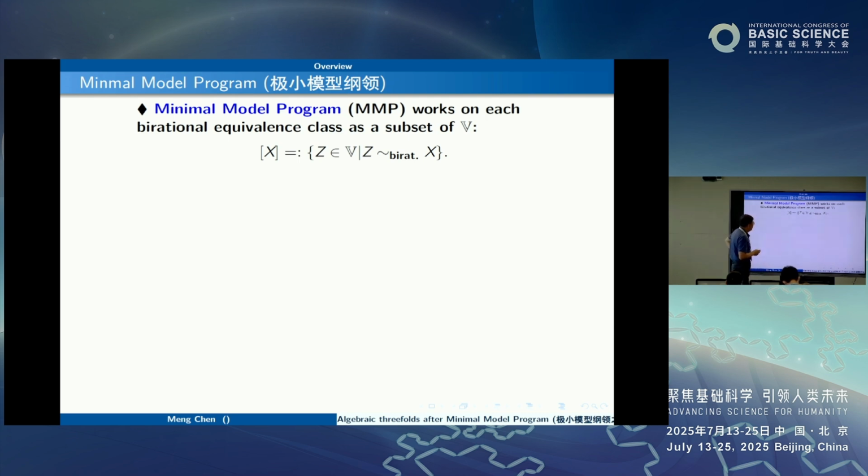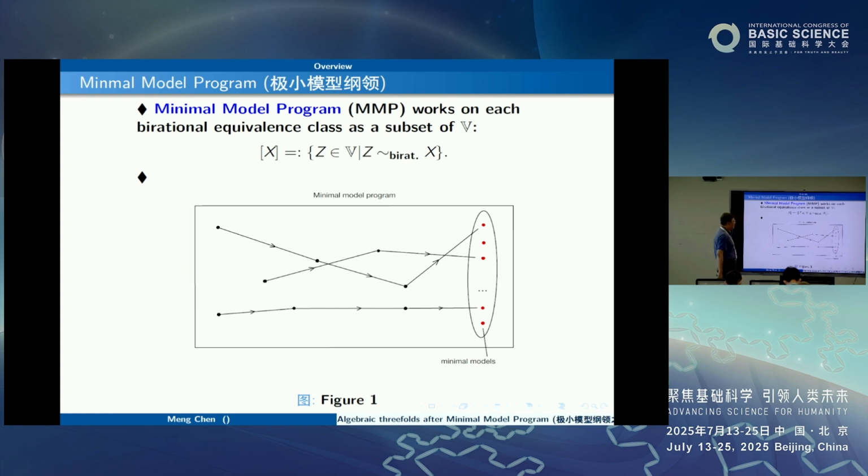MMP, as Professor Mori explained, works inside each equivalence class as a subset of V. Roughly speaking, suppose this rectangle contains all the objects of a certain given variety, which are all birationally equivalent to each other. Then the MMP strategy is just like this, starting from any variety.